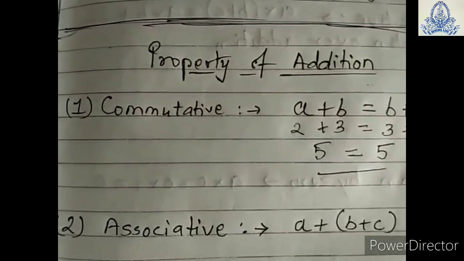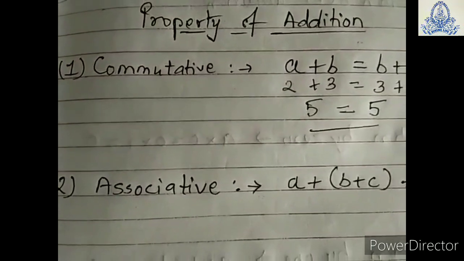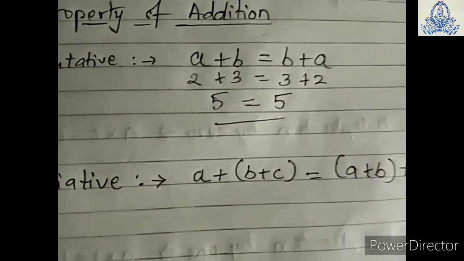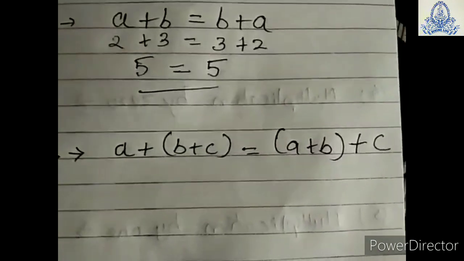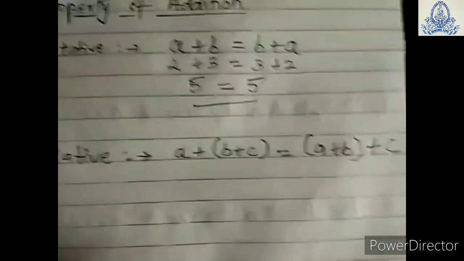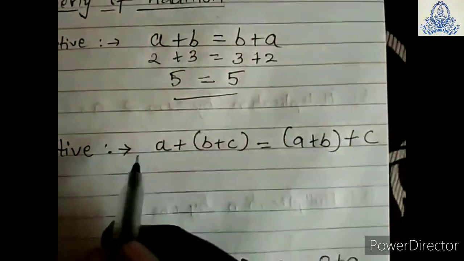Now after the commutative property, the second property is the associative property. Associative property of addition: a plus bracket b plus c is equal to bracket a plus b bracket plus c. If we take any three numbers in place of a, b, c on both sides, let us check.